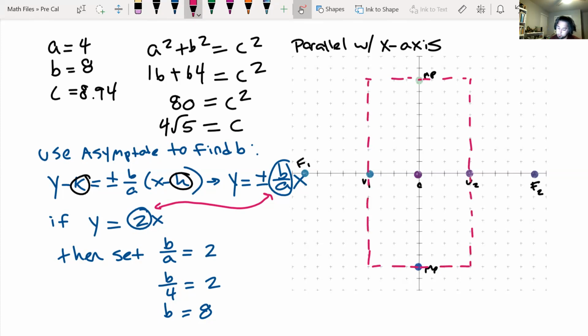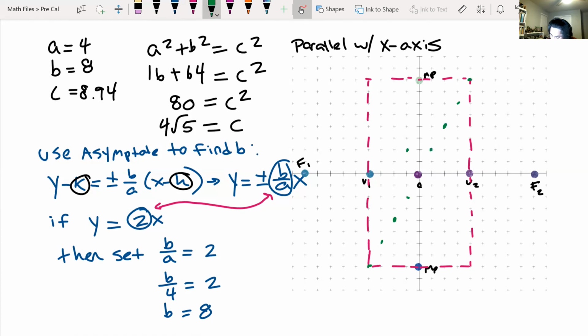And we know that our asymptotes cut straight through. So if my asymptotes are y equals 2x, hey, this is fun. Up 2 over 1, up 2 over 1, up 2 over 1, up 2 over 1. Negative reciprocal. There we go. Well, not negative reciprocal, just plus or minus, right?